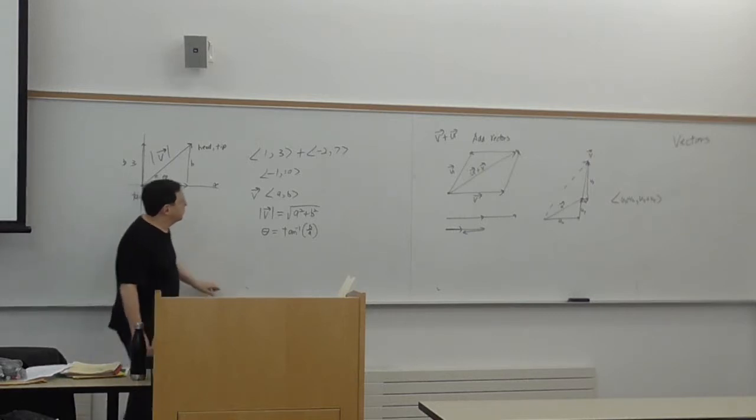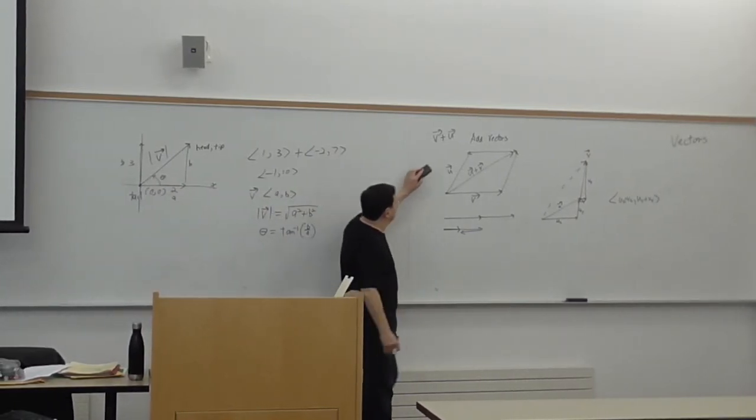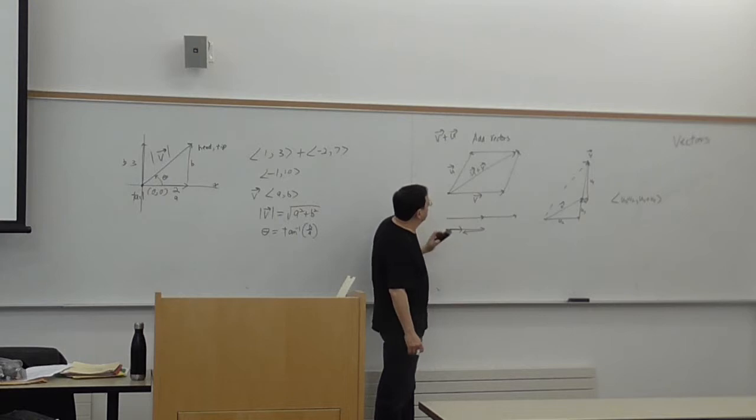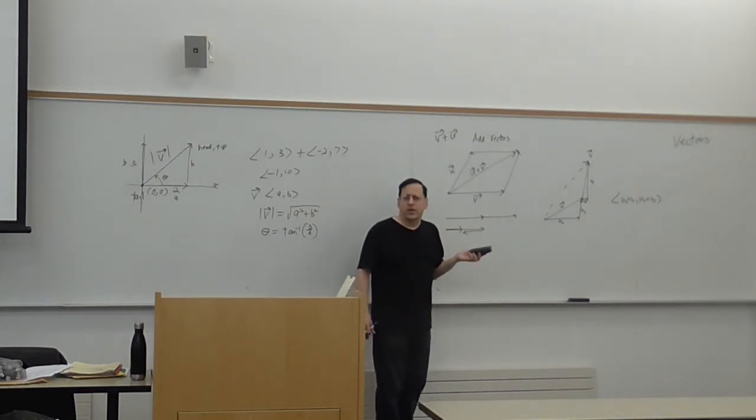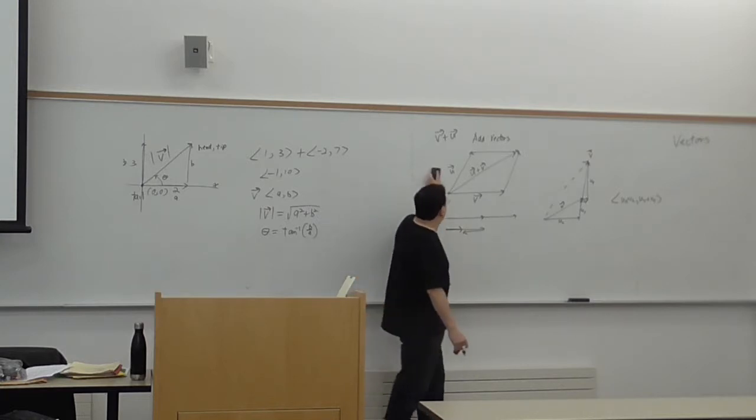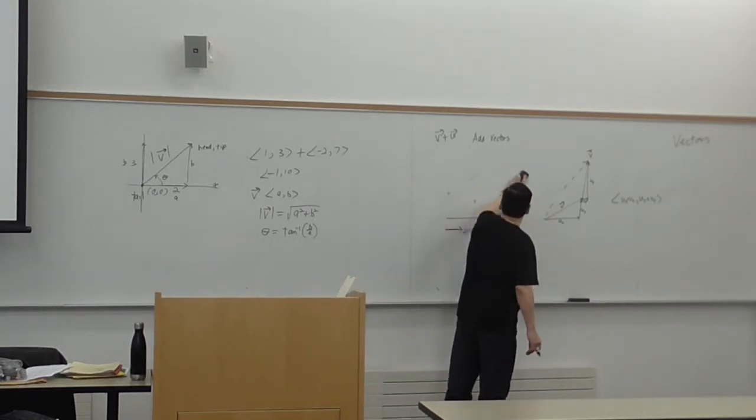I guess I'll mention at this point, not that this is the way we add any kind of vector, but that we can add vectors. That's one of the operations we can do on any vector.